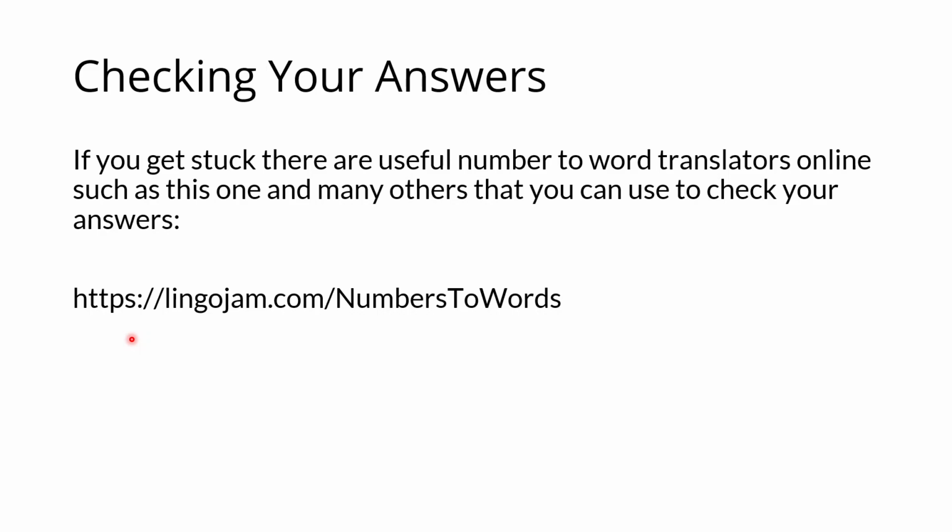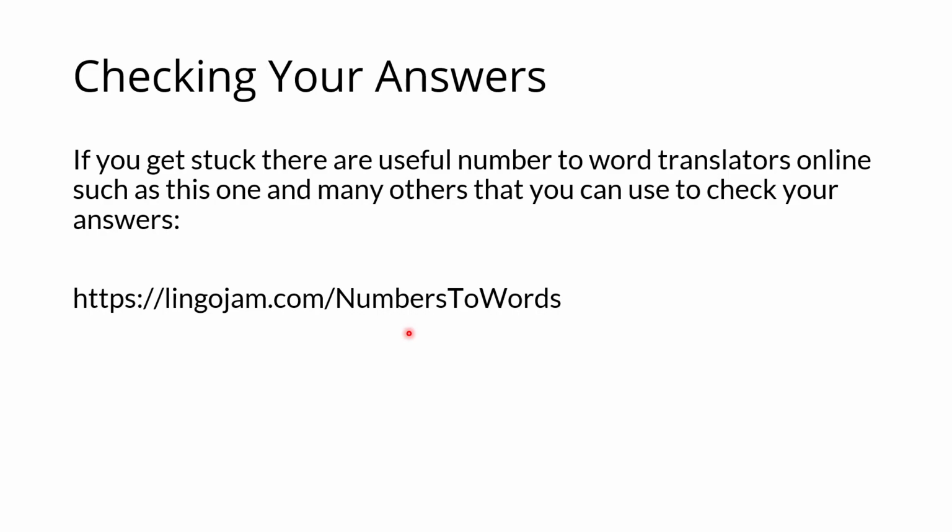So if you get stuck and you need to check your answers, then there are plenty of useful number-to-word translators online, such as the one from lingojam.com, or plenty of others where you can check your answers out. So you can input the number in digit form, and it will give you the translated word form of the number.